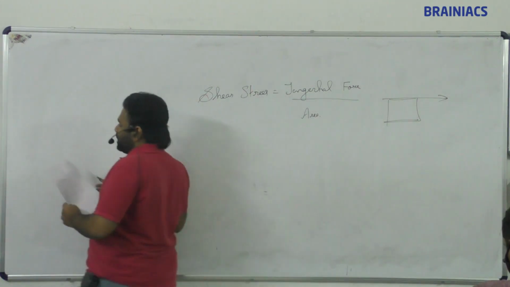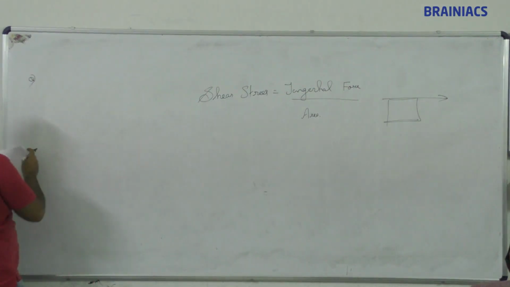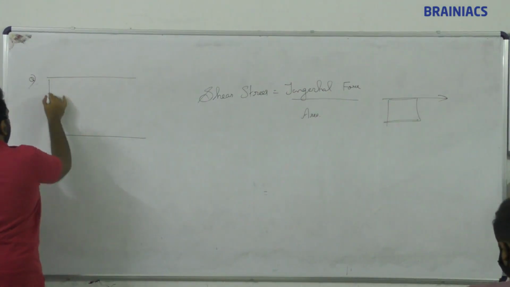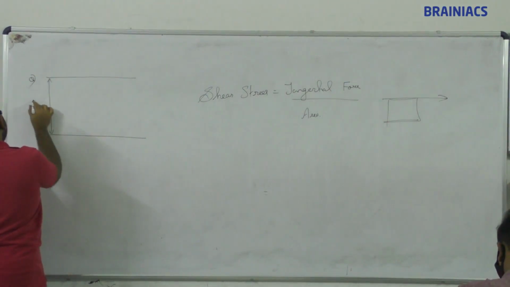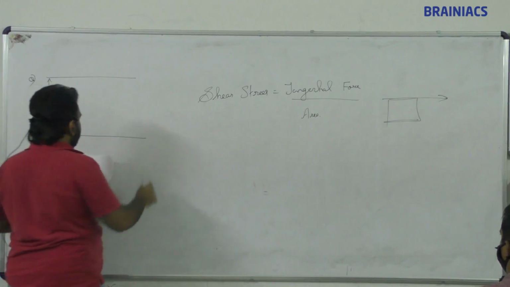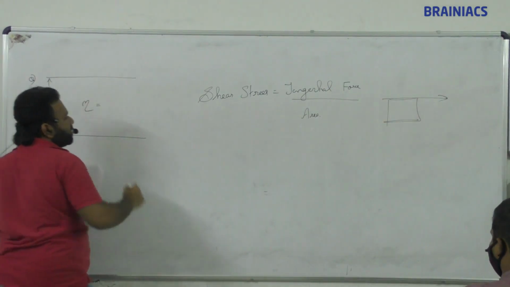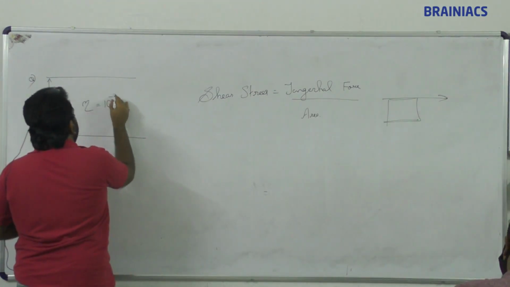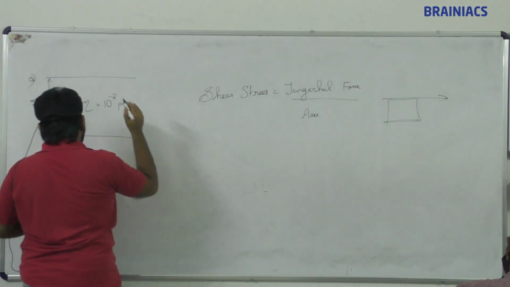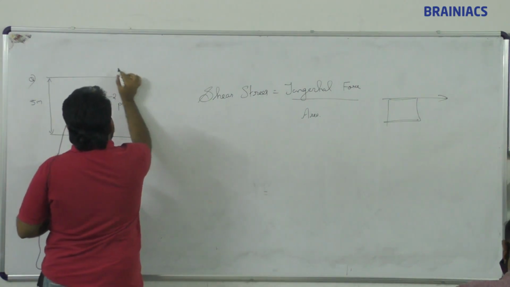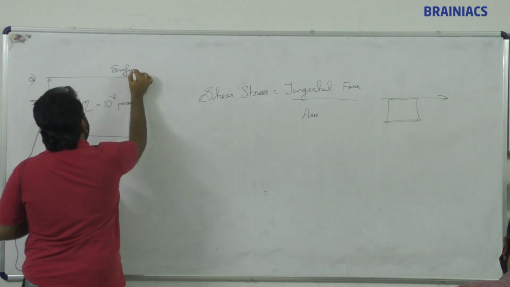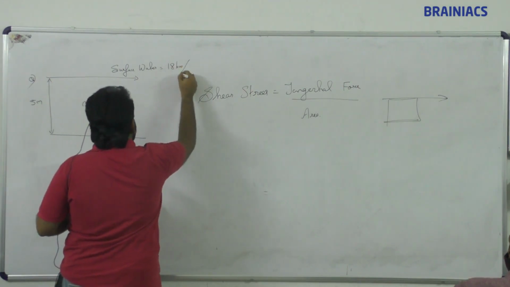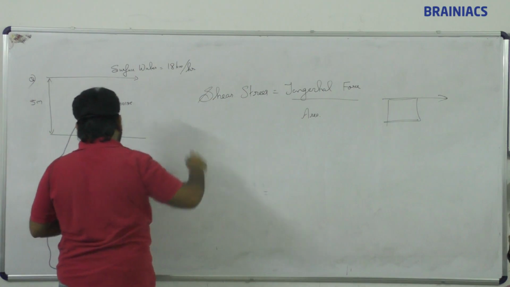Take this question. Suppose this is just a stream of water. Say this is 5 meter. The viscosity of this is 10 raised to minus 2 poise. This surface water is moving at a velocity of 18 kilometer per hour.